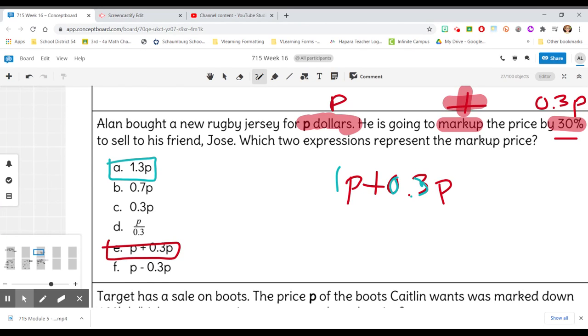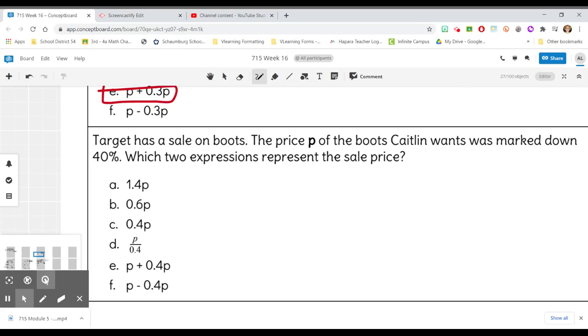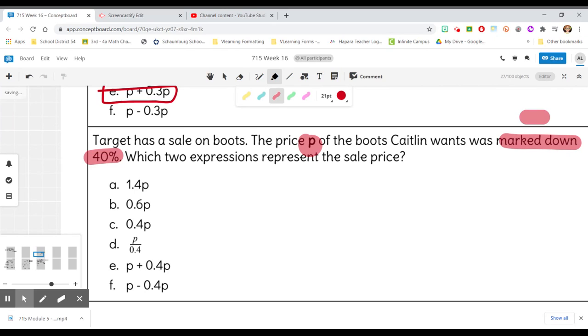Let's do one more to really make it clear. Target has a sale on boots. The price P of boots Caitlin wants was marked down 40%. Markdown means subtract. Which two expressions represent P, the sale price?